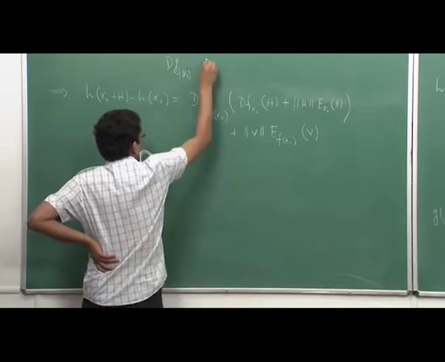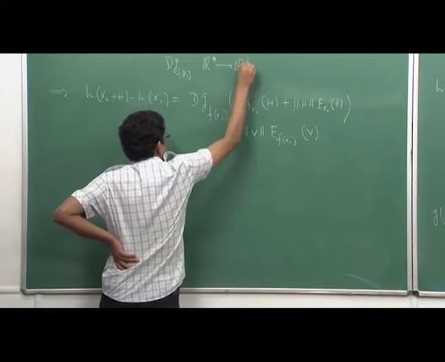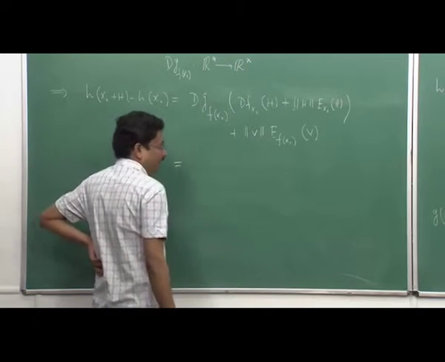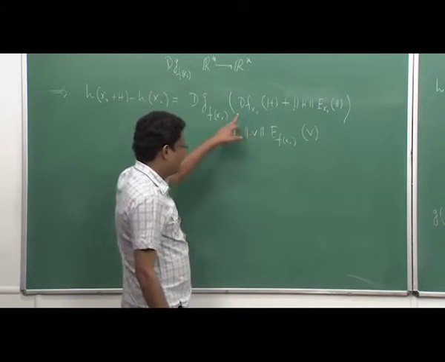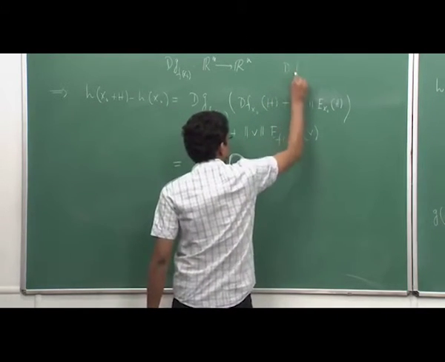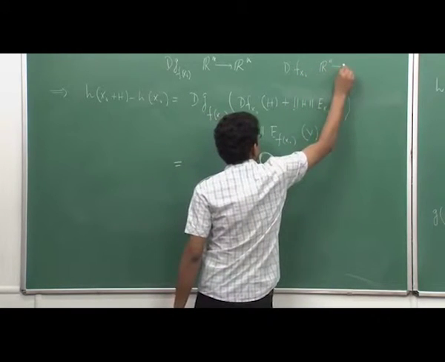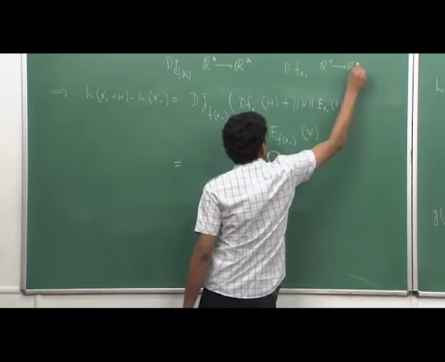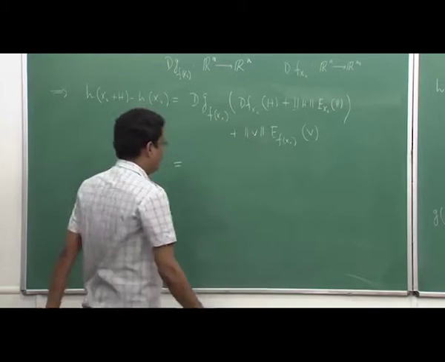this is a linear operator from R n to R k. Right? This is a, and d f x naught is a linear operator from R n to R m. So, this is a composition of linear operators.